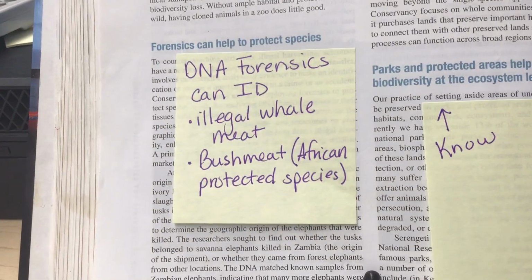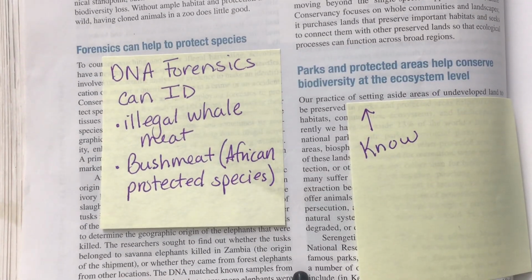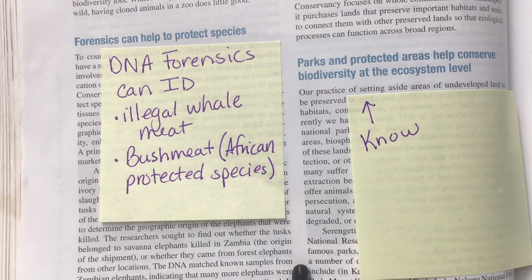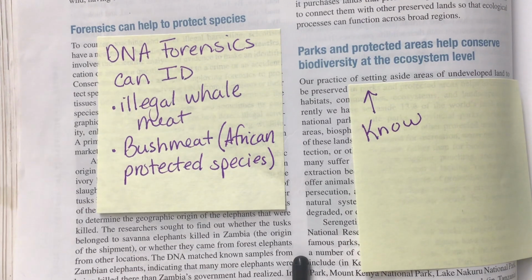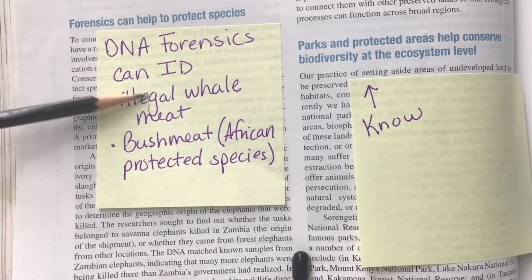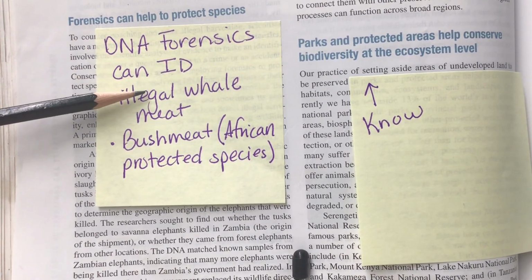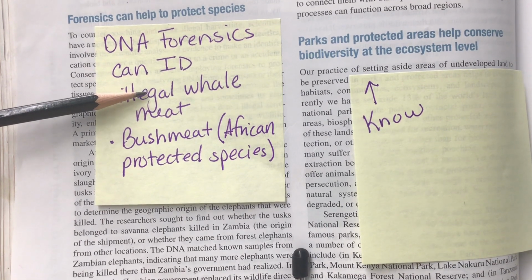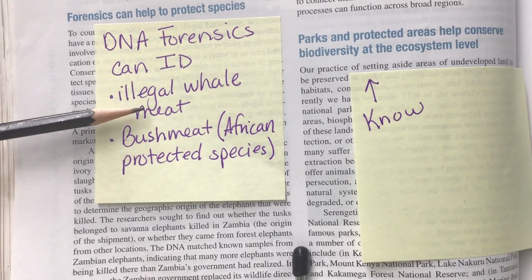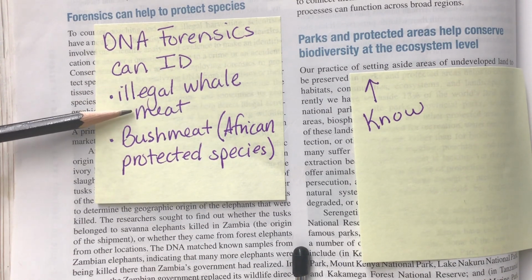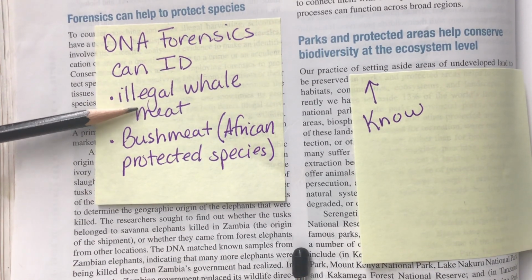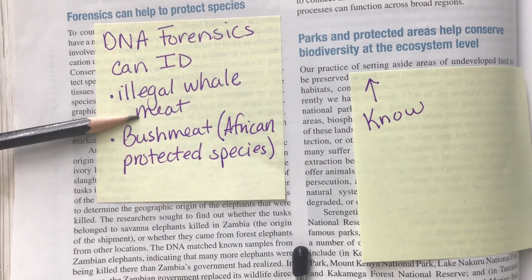Another way we can help species now is through DNA forensics. For example, it's illegal to hunt whales under international treaties, but let's say in some markets in other countries, people are selling things that they are calling something else, but it's really whale meat.